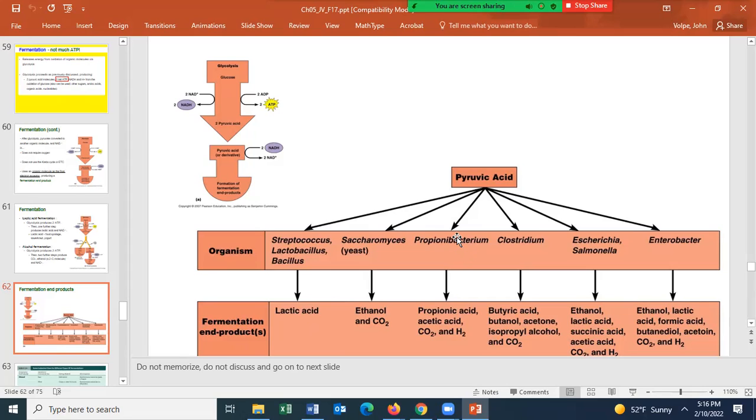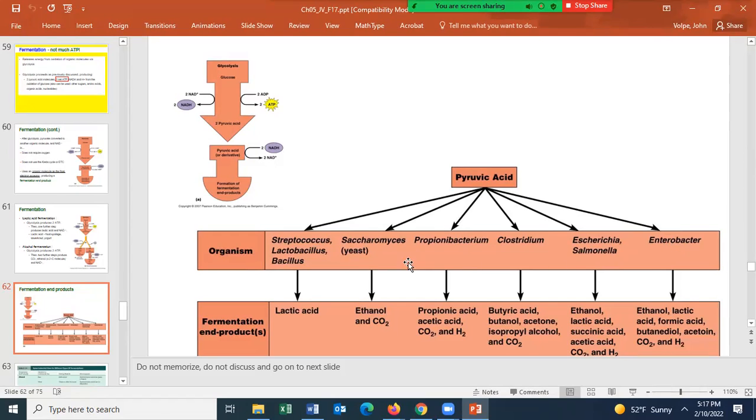Swiss cheese uses propionic acid fermentation, and that causes CO2 to be generated, and the CO2 makes the holes that we see in Swiss cheese. There's also butyric acid fermentation and mixed acid fermentation, and another mixed acid fermentation, which Enterobacter makes.